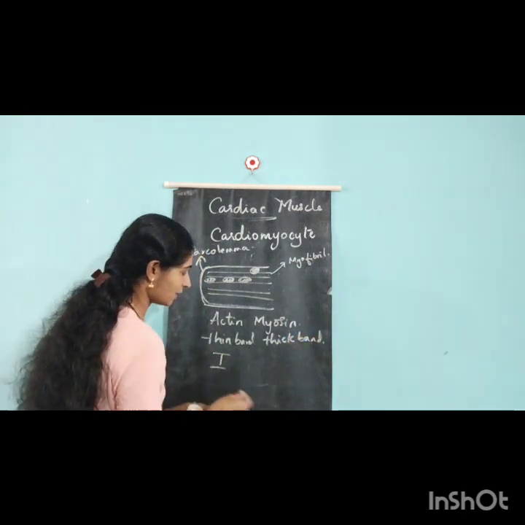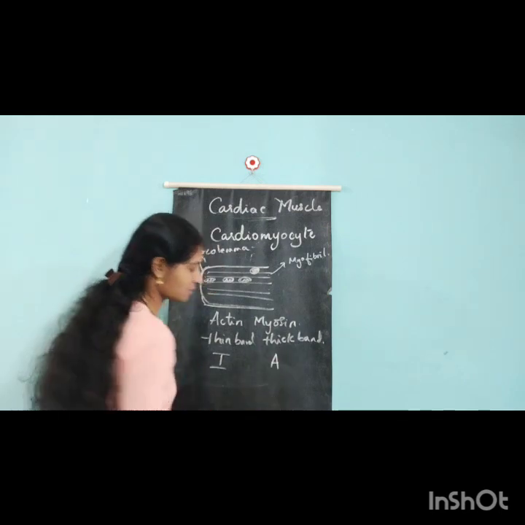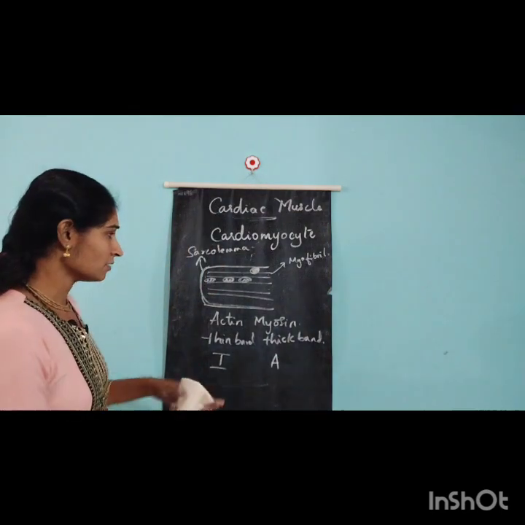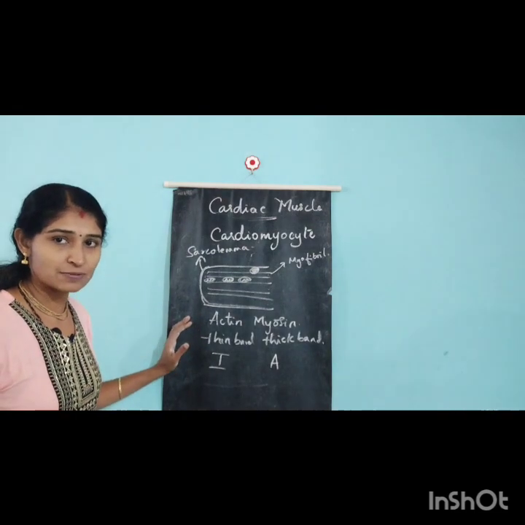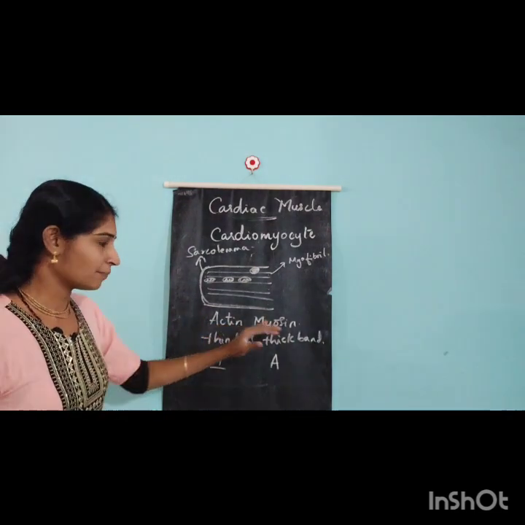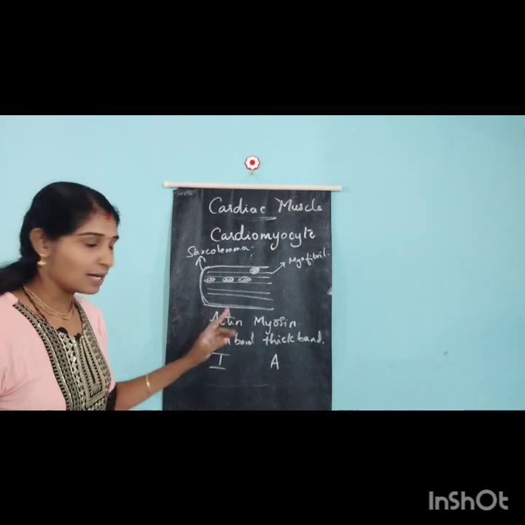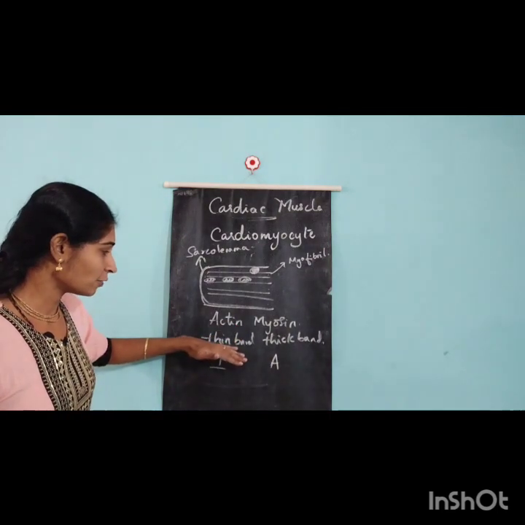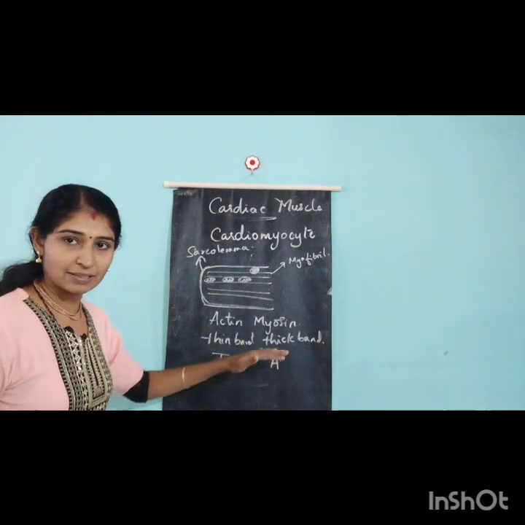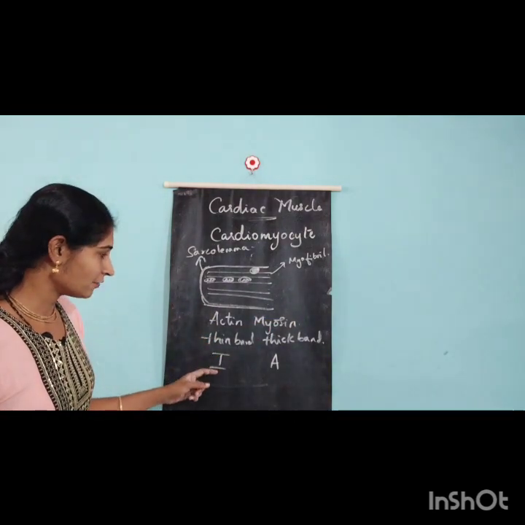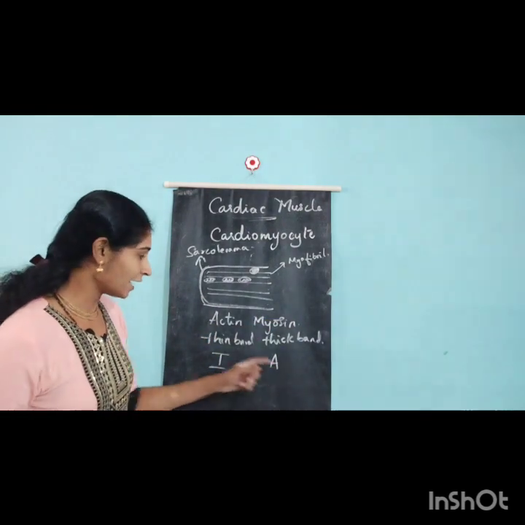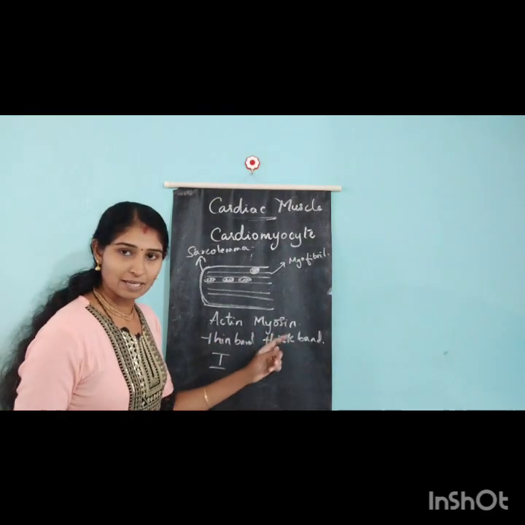This thin band is called as I and the thick band is called as A. So the myofibril, it will be having filaments, myofilaments, which is called as actin and myosin. These two are the proteins, and it is arranged in the form of thin band and thick band. Thick band is myosin, thin band is actin, and the name given to it is I and A. I is thin band, A is thick band.